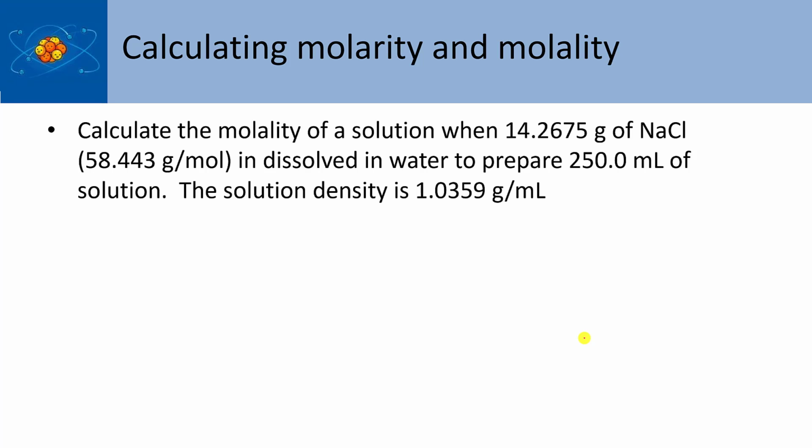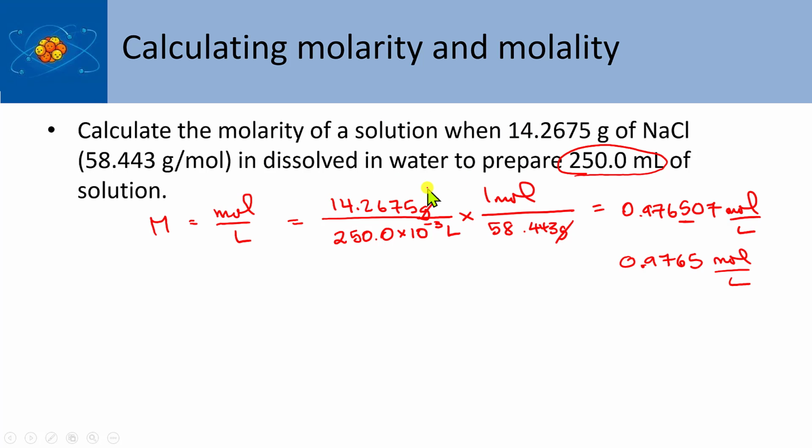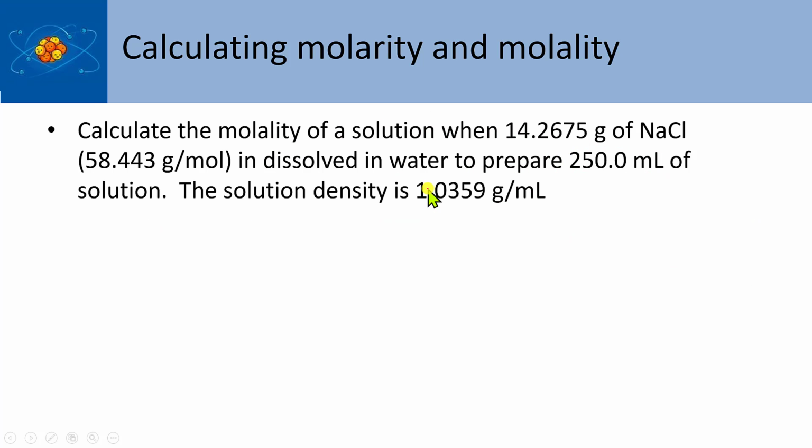So in calculating the molality, we need to think about our definition. Again, this is the same numbers for the solution that we're talking about here, but we need to do it for a definition of moles per kilogram of just the solvent.